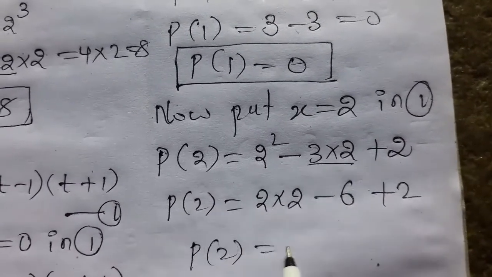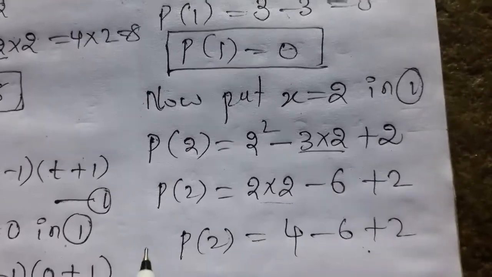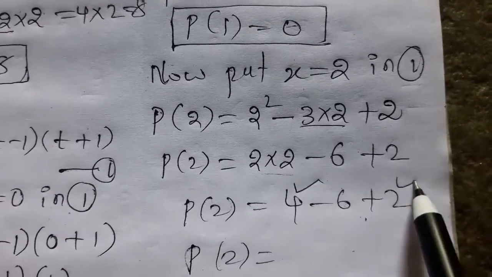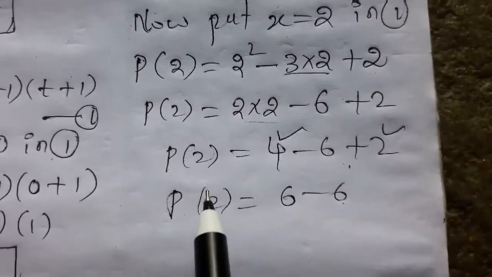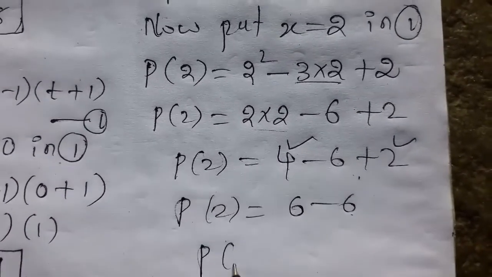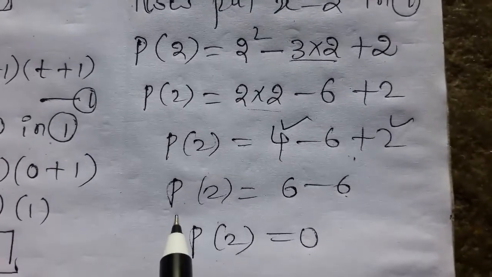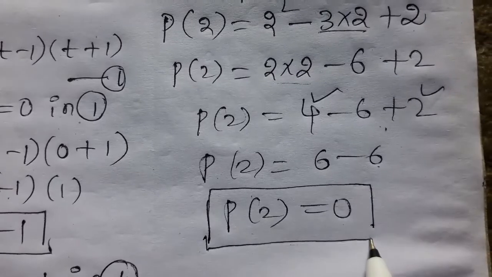Now P of 2 is equal to 2 twos are 4, minus 6, plus 2. Add these two: 4 plus 2 means 6, minus 6. Now P of 2 is equal to 6 minus 6 means 0. So finally we got the answer 0.